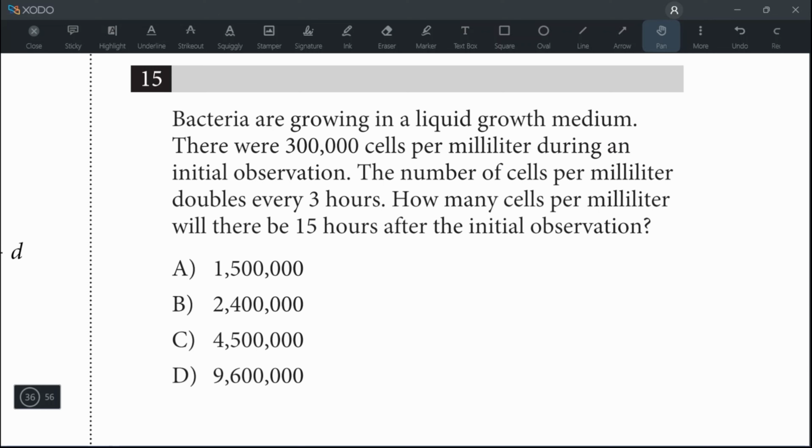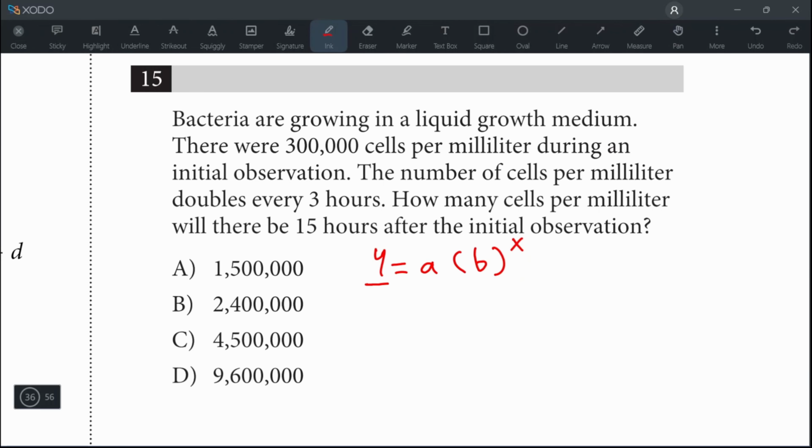So in this situation, we have an exponential growth. So we need to write an exponential function, which is y equal to a multiplied by b to the power of x. Here we want to find the value of y, but first we need to know the values of a, b, and x.